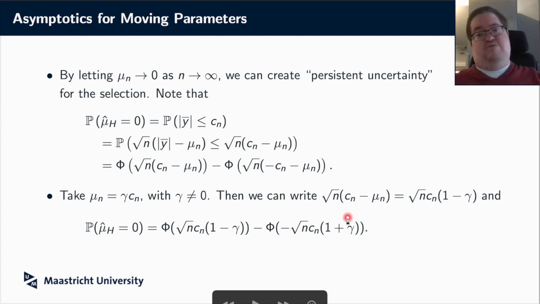Well, what I can then do is plug that into that expression that we have inside here. And then I actually can take Cn out, so I get square root n times Cn times 1 minus gamma. Well, this I can then plug in, so my probability of setting the estimator equal to 0 is just this expression here in terms of gammas.